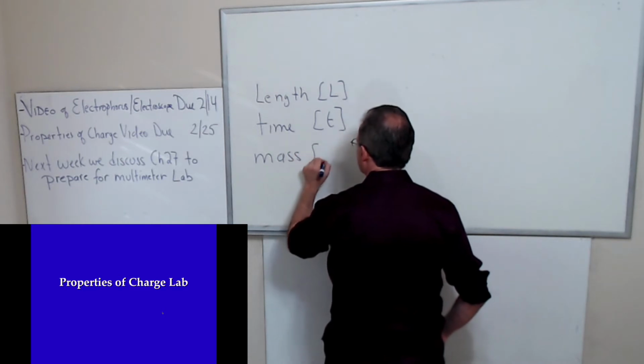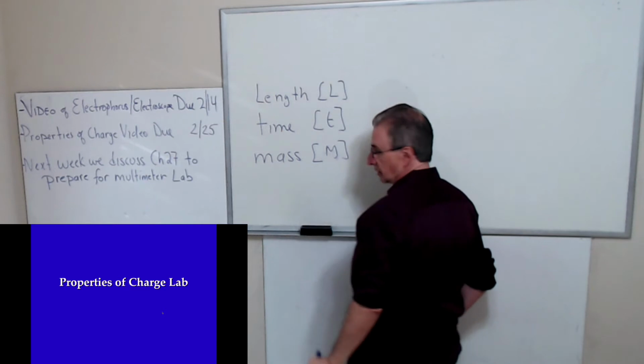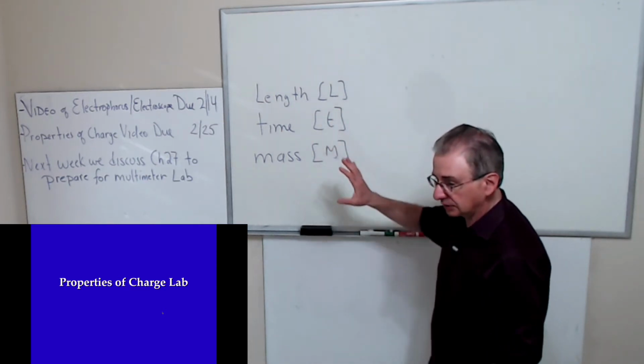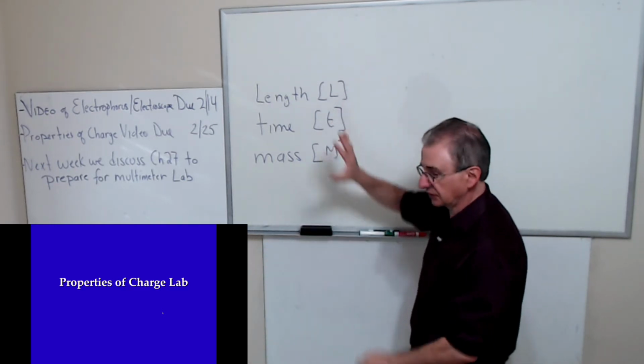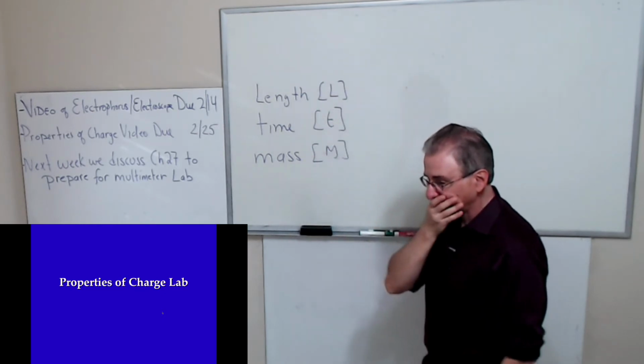Are you all familiar with these? And I call them fundamental because you can't derive these from anything else. You cannot derive these measurements from anything else. Okay? And of course, there's units associated with them. And if you've had Physics A with me, you know I go through this.